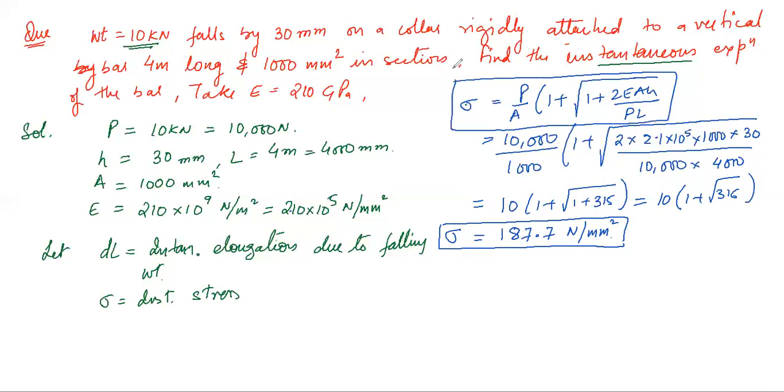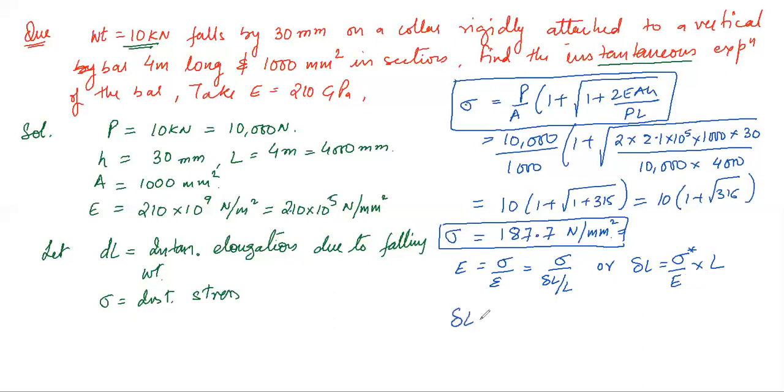Now once you know this, E is defined as stress upon strain, that is sigma upon epsilon, and strain epsilon is delta L by L. It means your delta L expression can be defined as sigma by E into L. The value of sigma is already calculated here, E is given, L is given.